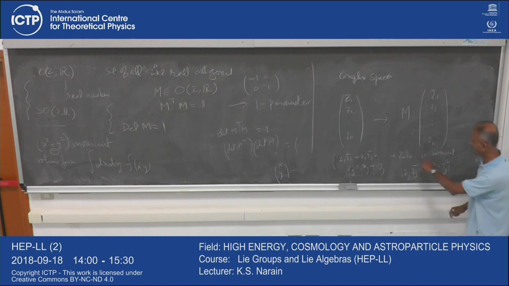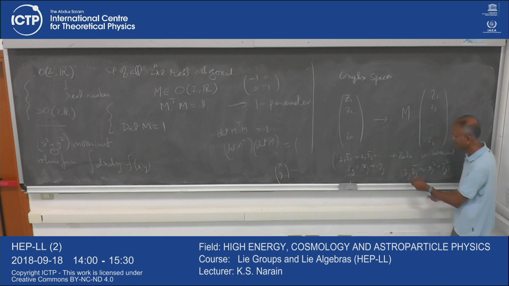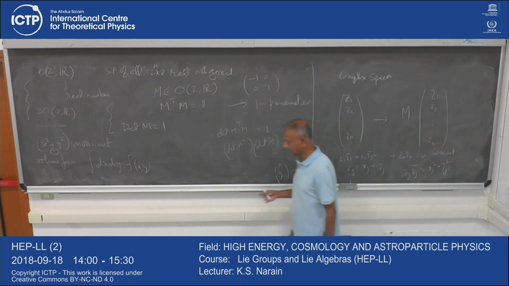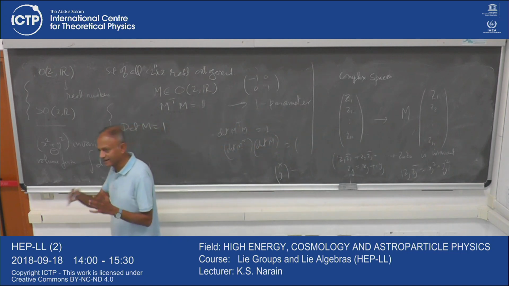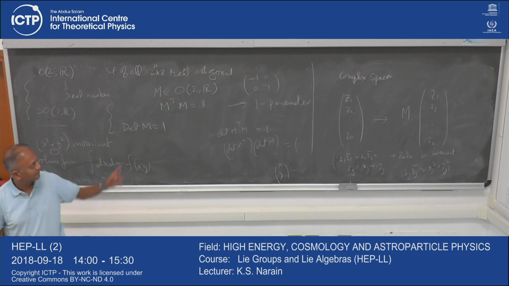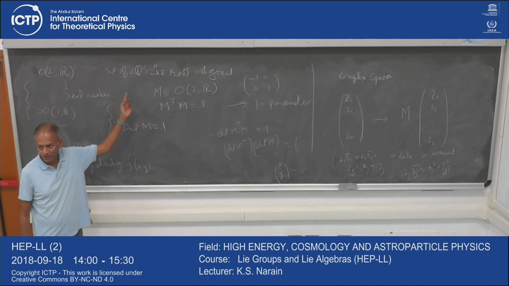So this length square is nothing else but the sum of the squares of all the 2n real coordinates. So it's really a 2n dimensional Euclidean length square. And then the most general group of transformations which leaves that length square invariant will be O2n.